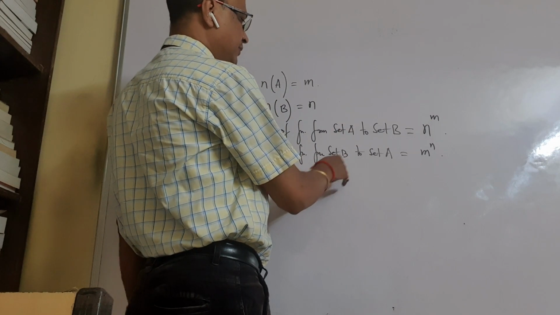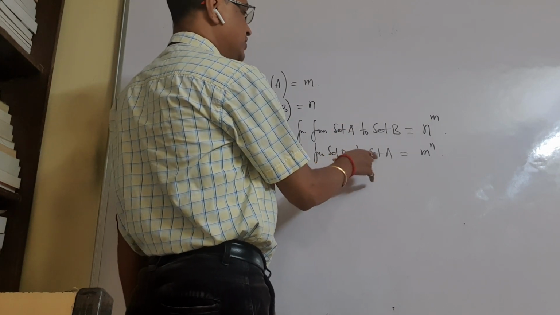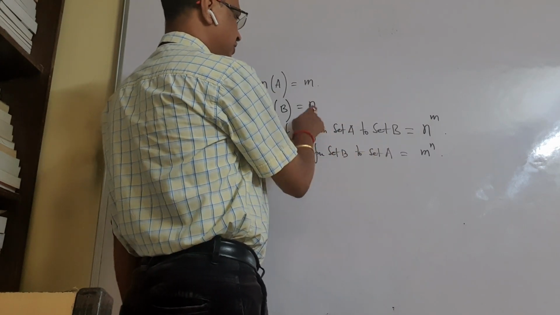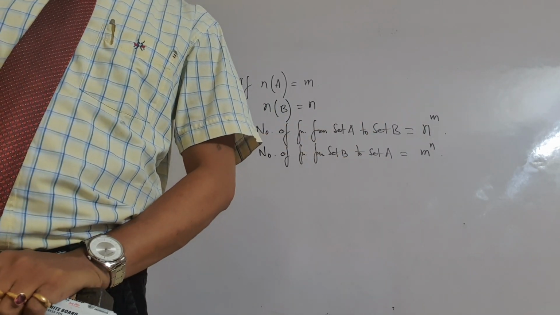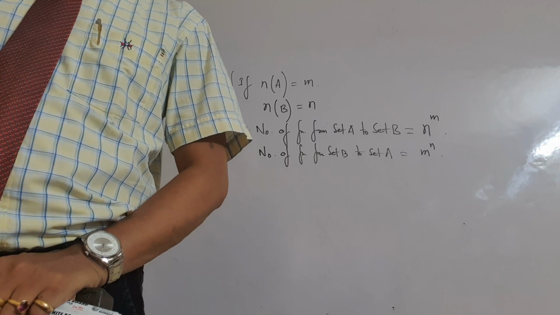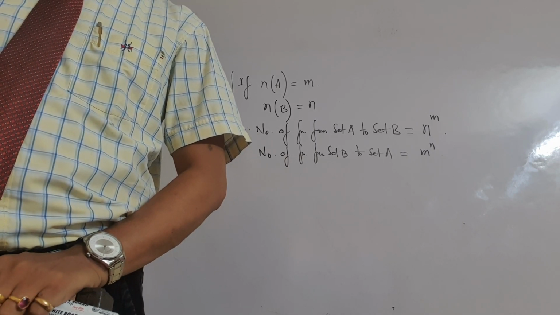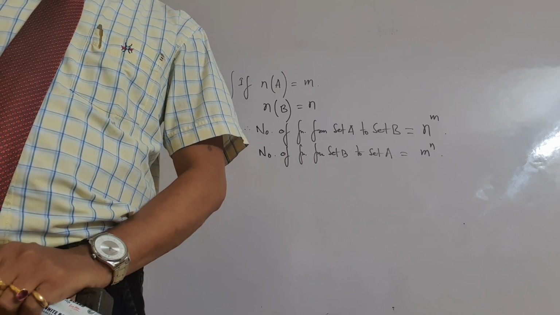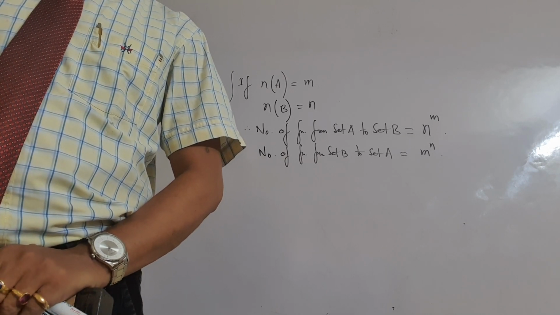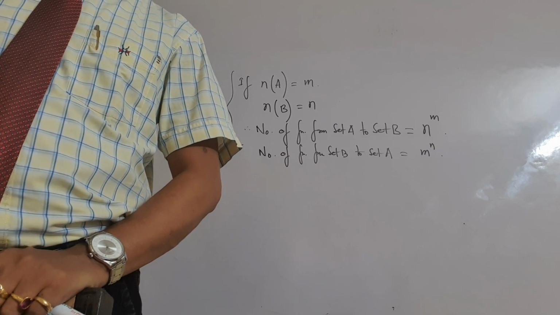If it is from set B to set A, then set A comes in the base and set B goes to the power. I hope that is okay. So this is one simple formula for finding the number of functions.